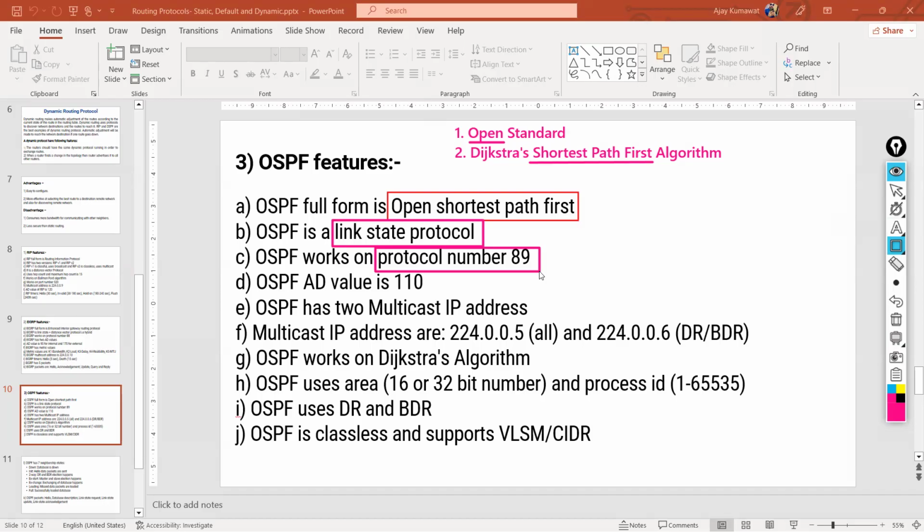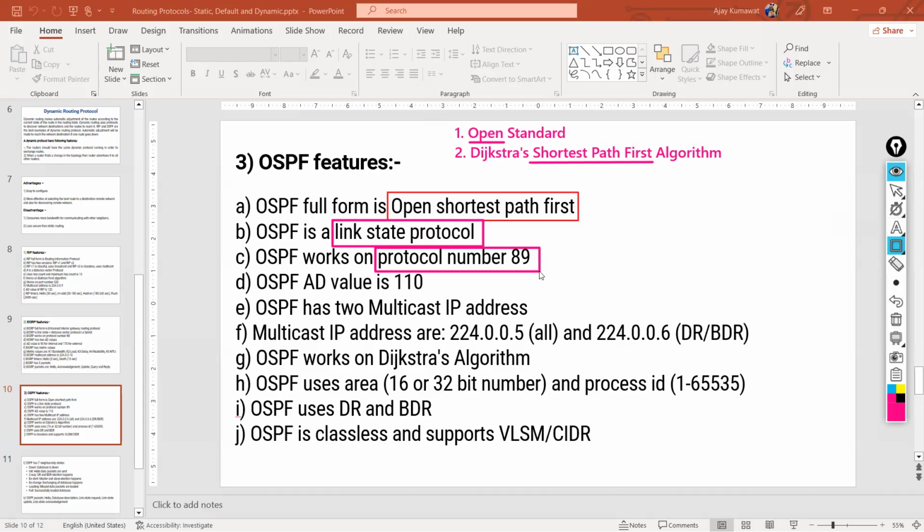Two protocols, that is, two AD values, not protocols. 90 is the AD value. Sorry. Protocol number 88. Right? Protocol number 88.